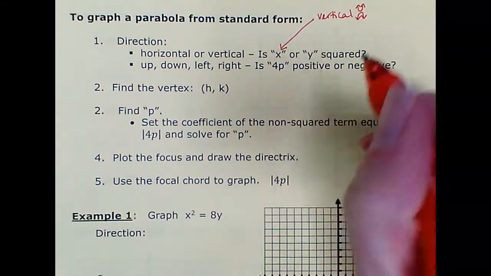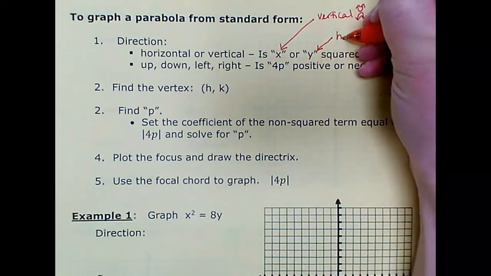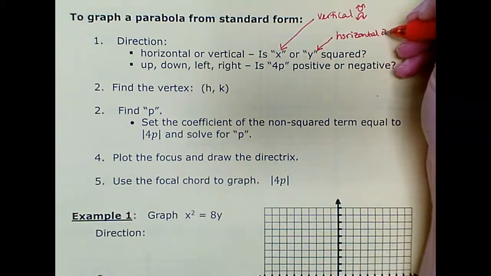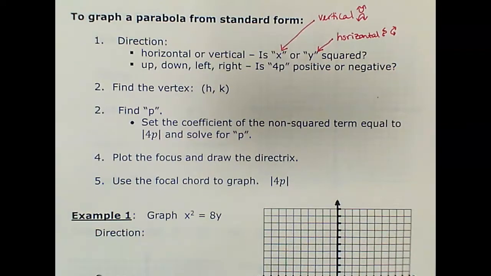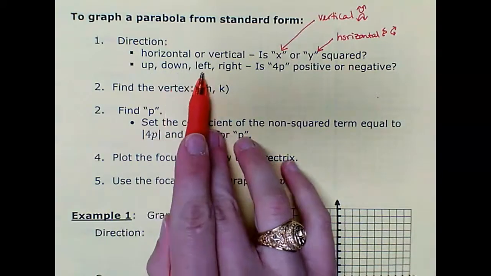But if y is being squared, well, we really haven't seen that very much, so that's going to be opening horizontally, so either to the left or to the right. So first you need to determine which direction your parabola is facing. Is it vertical? Is it horizontal? Is it opening up or down, or is it opening to the left or to the right?